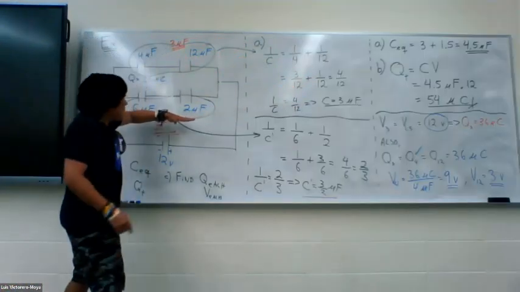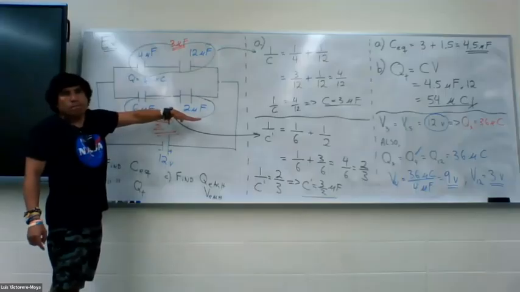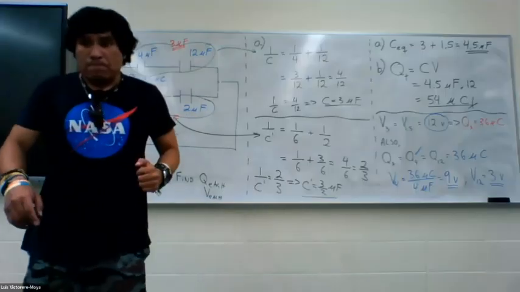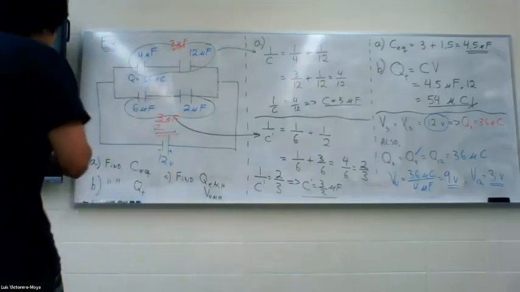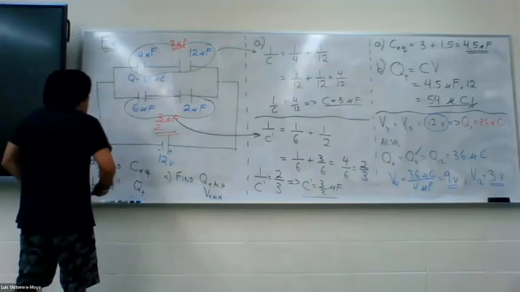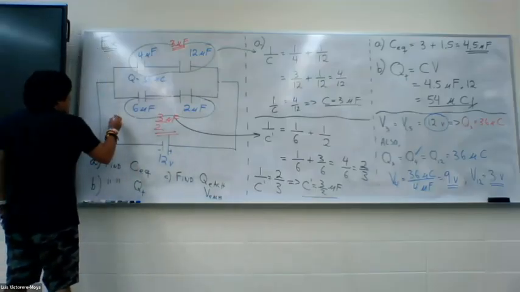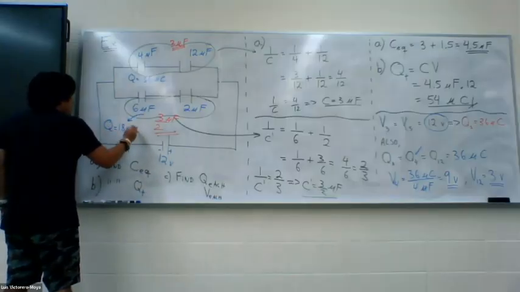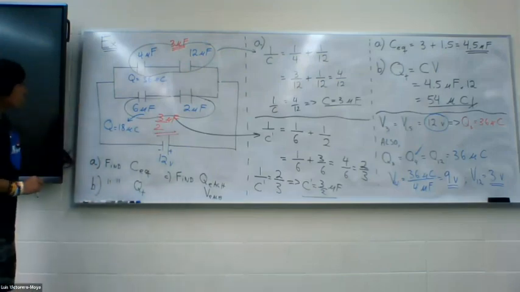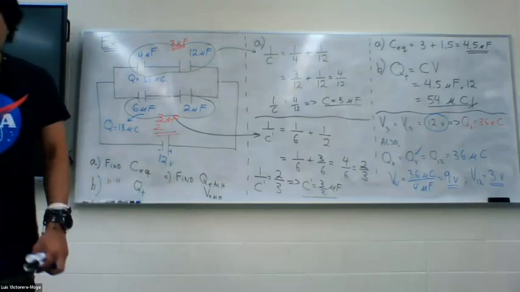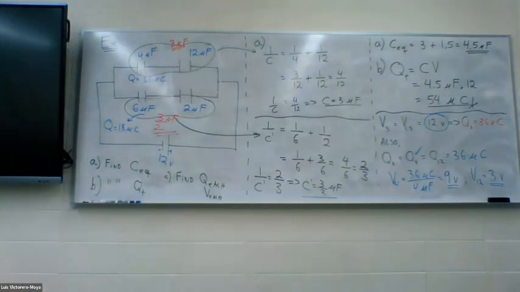That's the charge here. So let's write here Q is 18 microcoulombs, 54 minus 36. And then I just do the procedure.